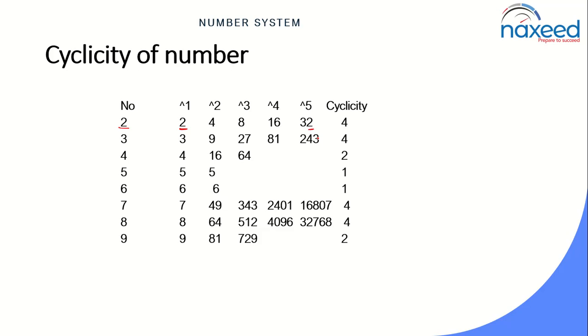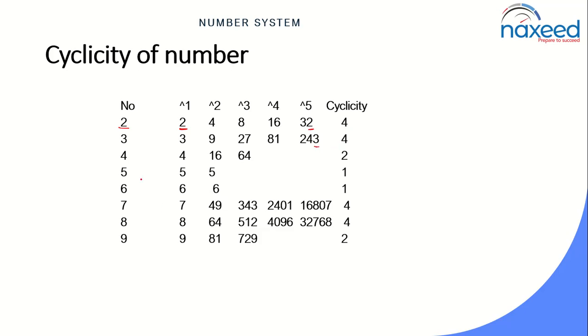It is clearly showing here that the unit digit is 3. That means for 3 also the cycle is repeating after power 4. In power 5 the unit digit once again comes as 3. Correct? So the cyclicity of 3 will be 4. After power 4, in power 5, cyclicity is repeating.